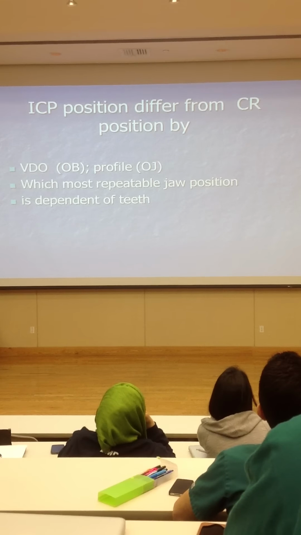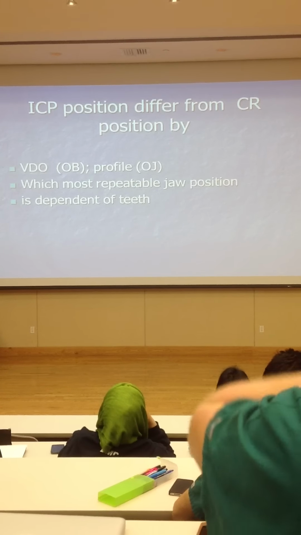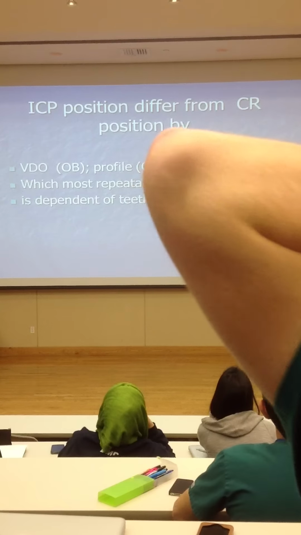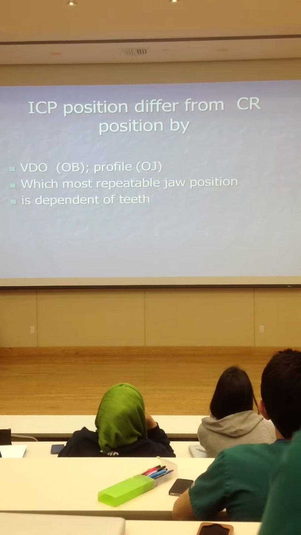So in terms of vertical dimension, the jaw is open. What's going on in terms of profile? Is it more retruded or more protruded? Retruded. So vertical dimension is more open and overjet is extended. Make sense?